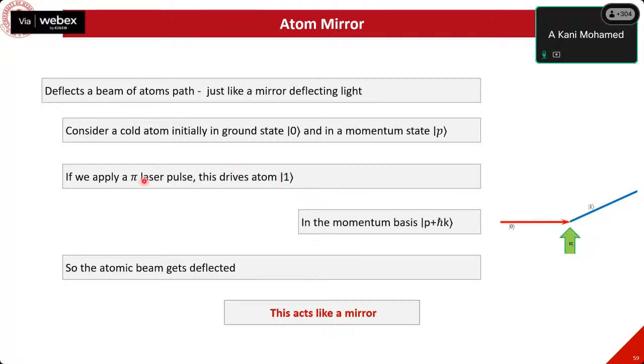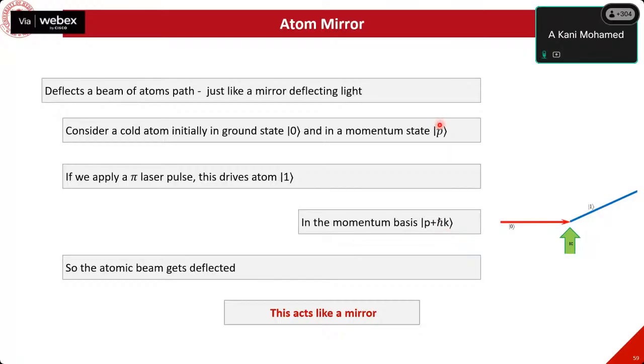The pi pulse is the duration of the pulse that we apply to the atoms, which makes all the atoms go from the ground state to the excited state. So each atom absorbs an energy of H cross omega, and it absorbs a momentum of H cross K from each photon.